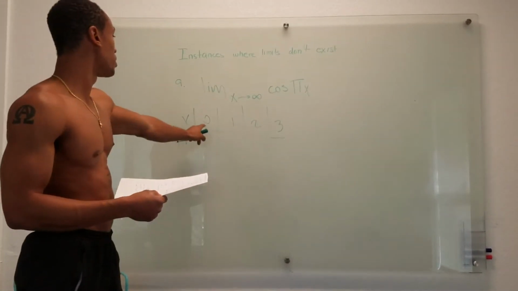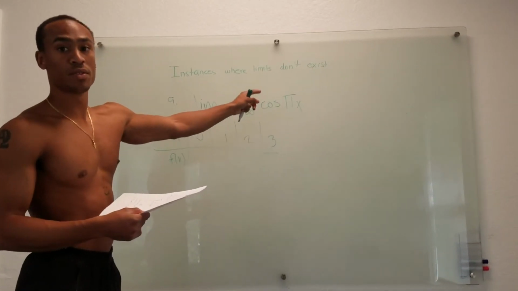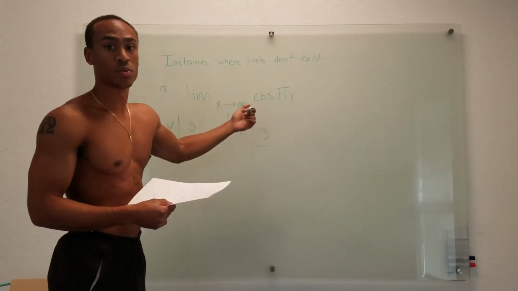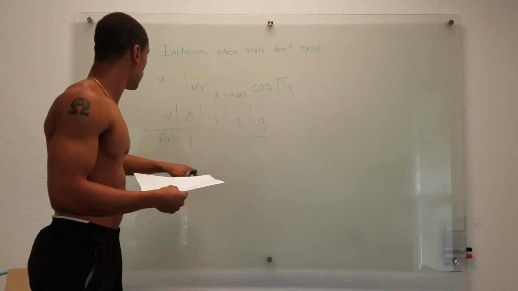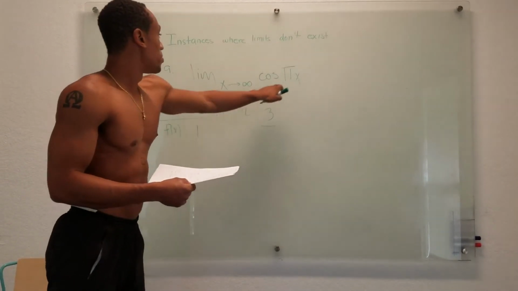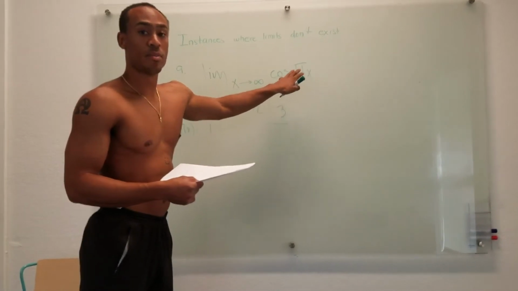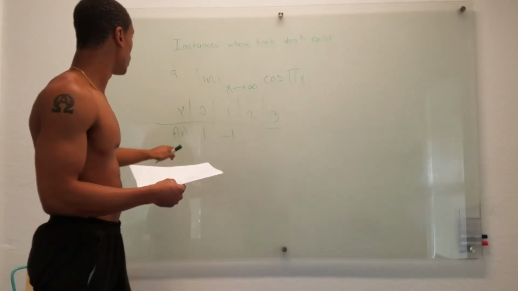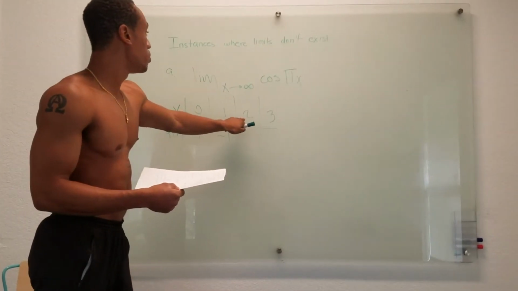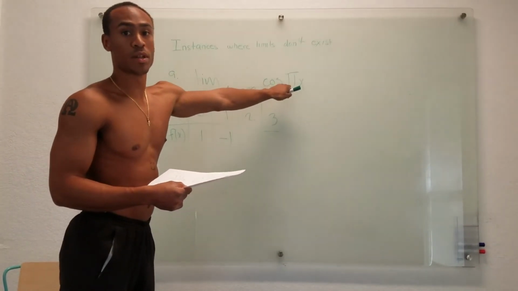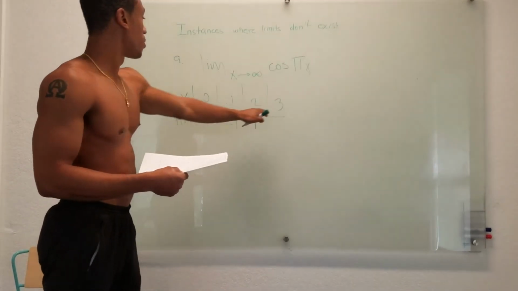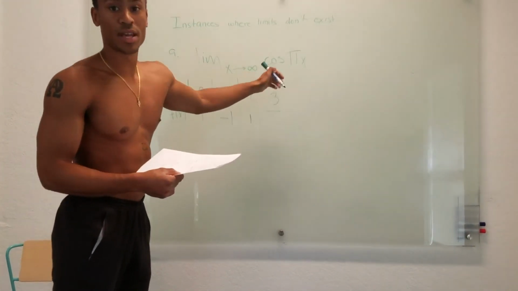Plugging in 0, I get cosine of 0 times pi, which is cosine of 0, which is 1. Plugging in 1, 1 times pi is pi. Cosine of pi is negative 1. Plugging in 2, cosine of 2 pi is 1. Plugging in 3, cosine of 3 pi is negative 1.